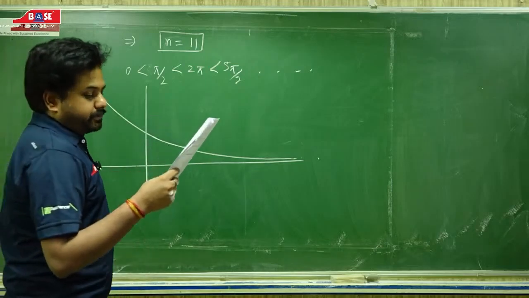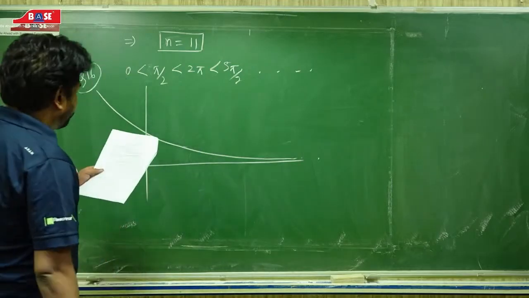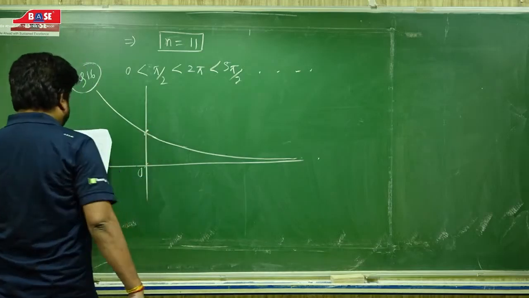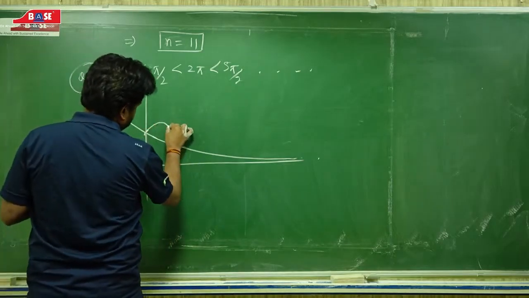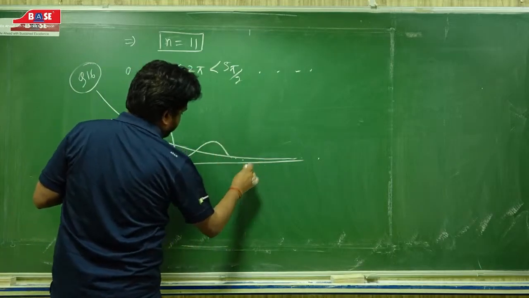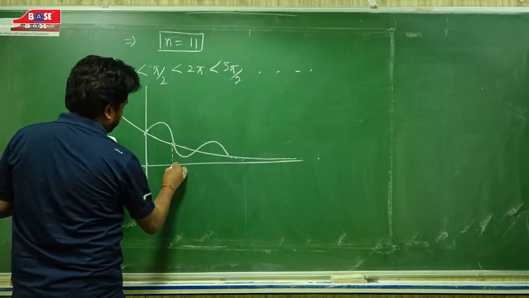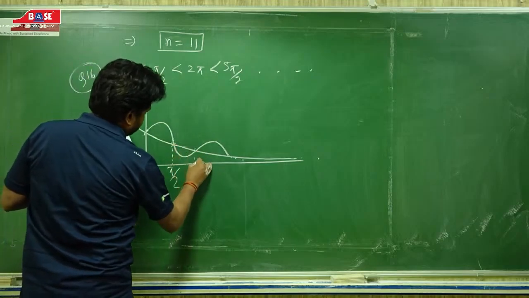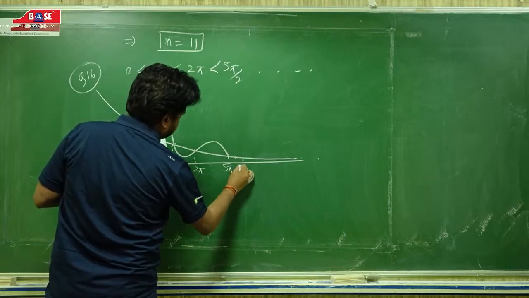So we know that if I put 0, we are going to get 1, and similarly we'll get something like this, and it will keep on continuing like this. So this point is going to be pi by 2, this point is going to be 2 pi, and this point is going to be 5 pi by 2.